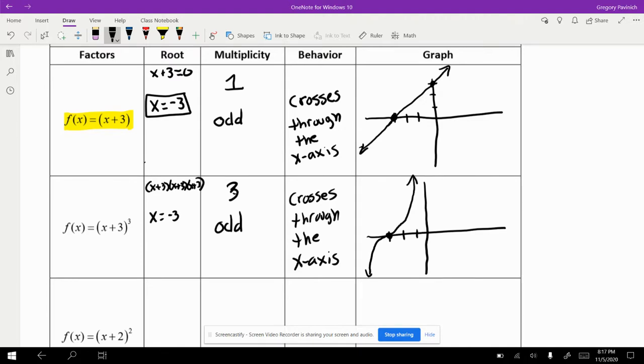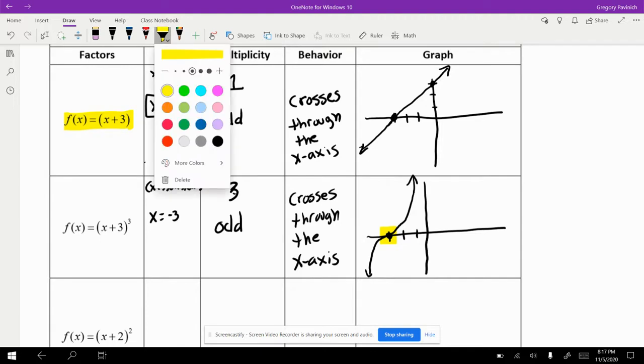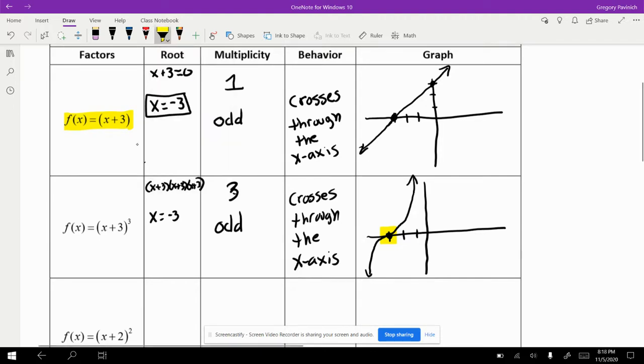So the higher the degree, if you zoom in right here, the flatter it gets on both sides, the top of the x-axis and below the x-axis. Notice when it only occurs once, it goes straight in and straight out. There is no flattening of the curve around the x-axis, just in and out.